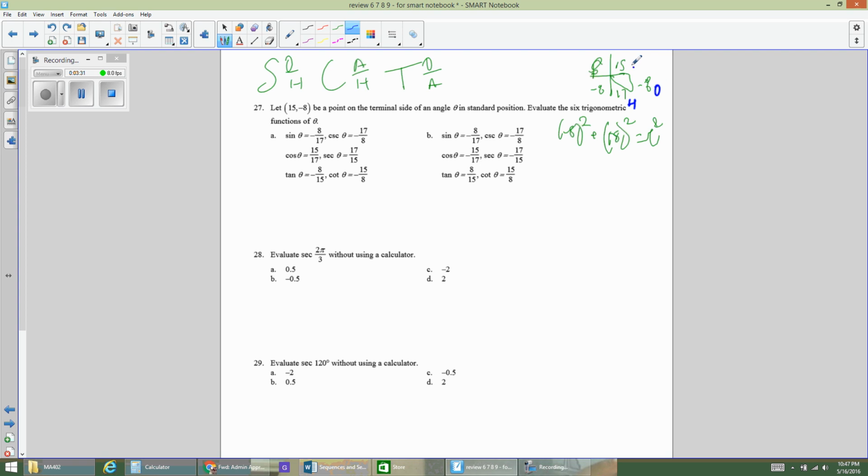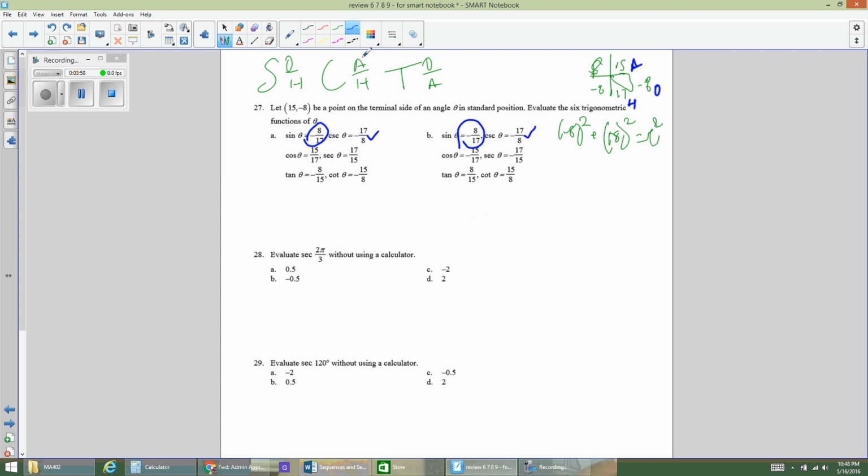This is the opposite. This is the adjacent. So sine is negative 8 over 17. Got it. Negative 8 over 17. Okay, that means the cosecant is the reciprocal. And as you can see from here, both answers, cosecant is reciprocal. So check, check.